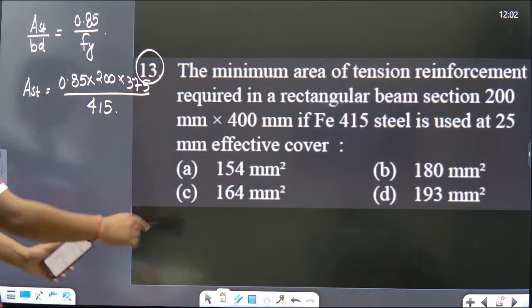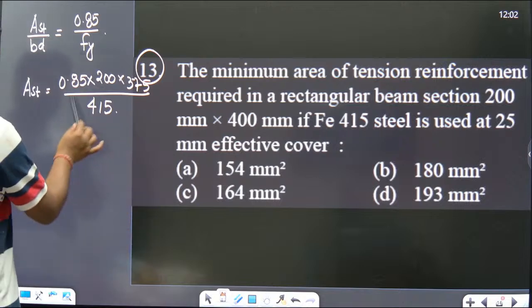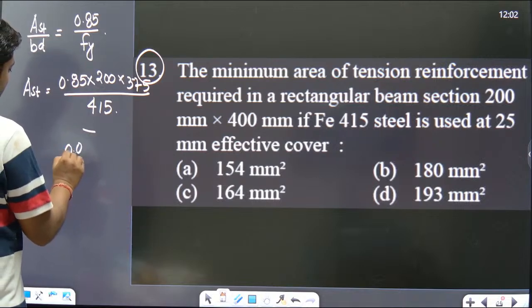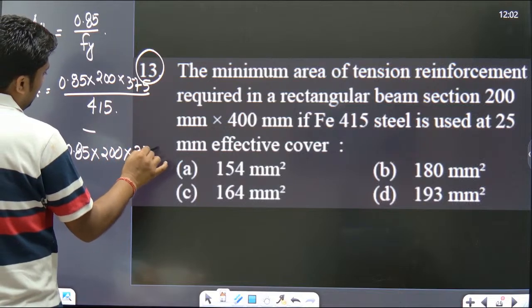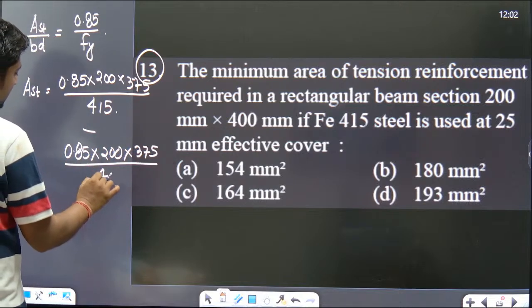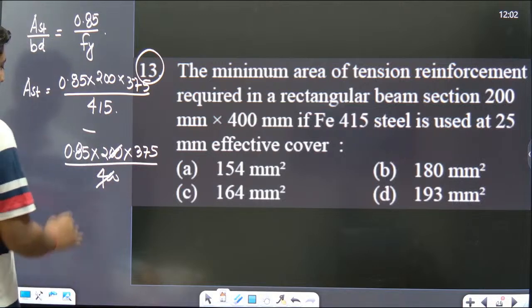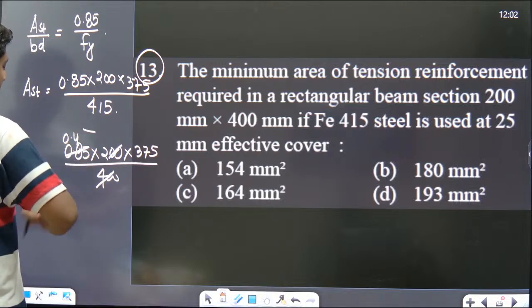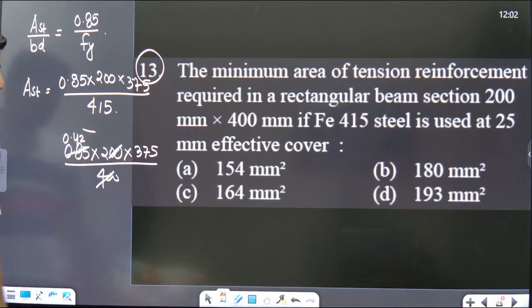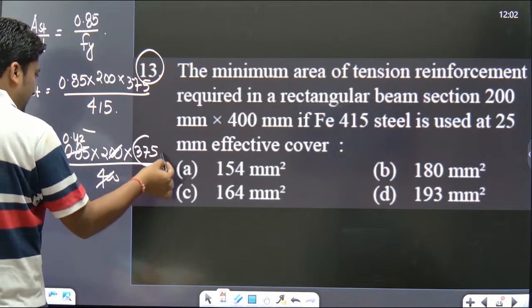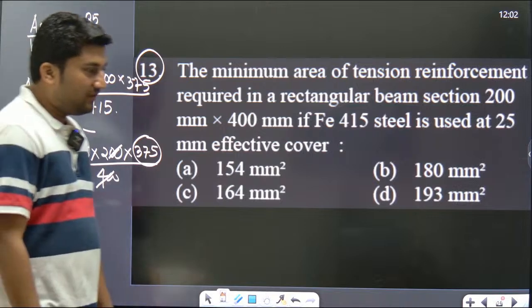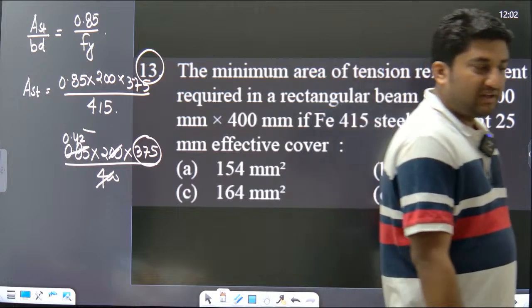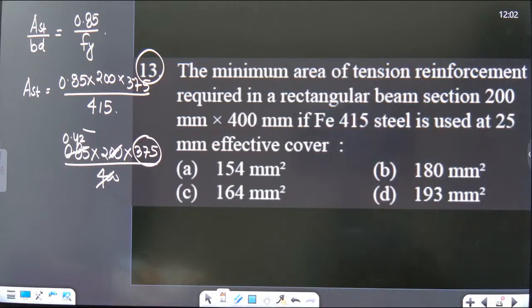If options were wide in range, you could consider this as 0.85 into 200 into 375 upon, let us suppose, 400. This is nothing but about 0.42, which means 40% of 375. This is how you will answer the question.